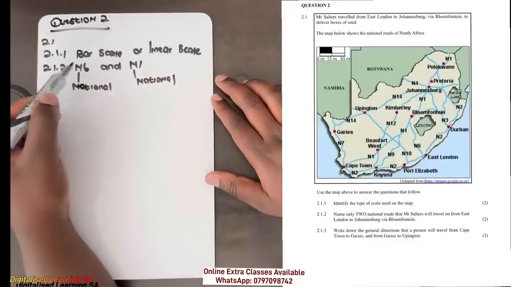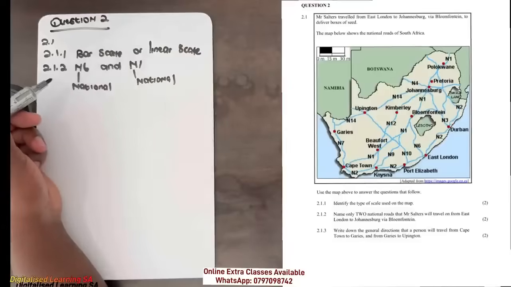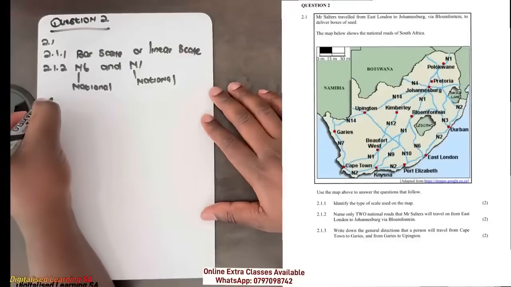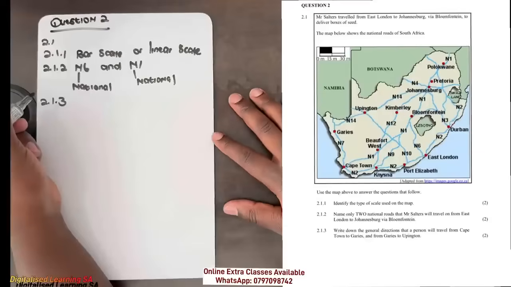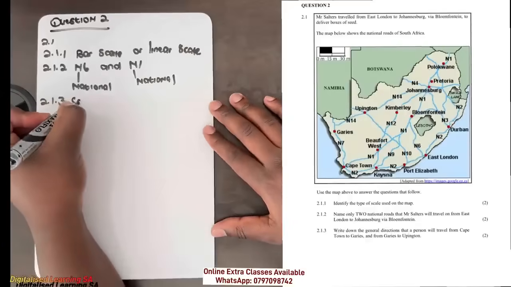Okay, so our answer for question 2.1.2 will be N6 and N1. Now let's move to our next question, which is question 2.1.3. Write down the general directions that a person will travel from Cape Town to Garris and from Garris to Abington. So we are going to start with Cape Town.